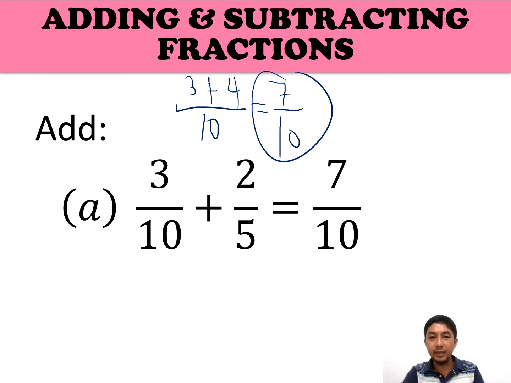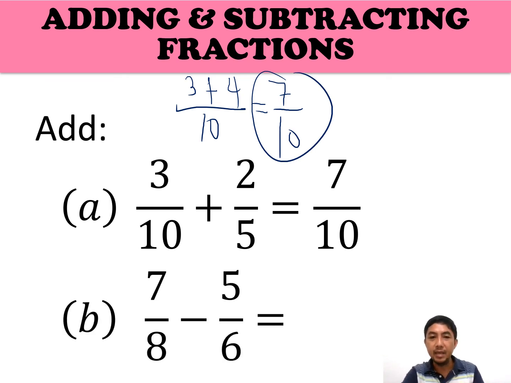So let's try the second example using the LCD. The LCD between 8 and 6 is actually 24. Di ba? The LCD between 8 and 6 is 24. So 24 divided by 8 is 3 times 7 is 21.